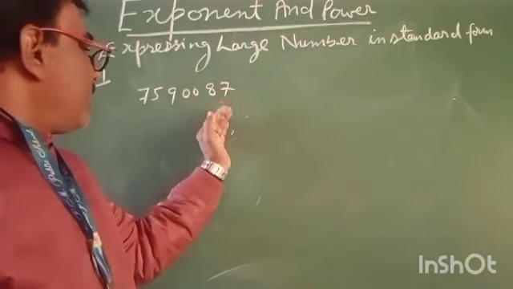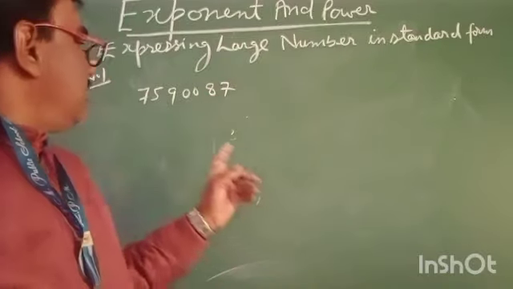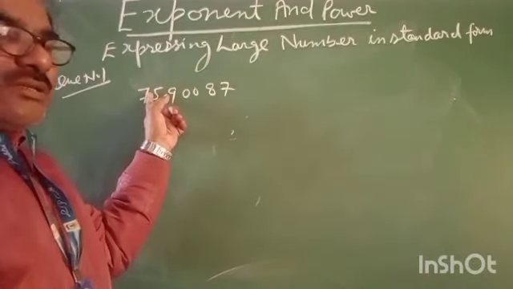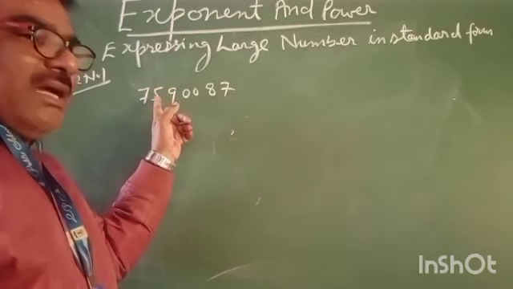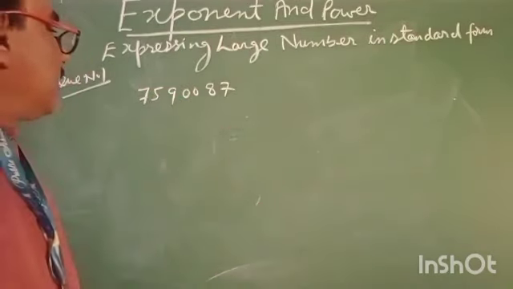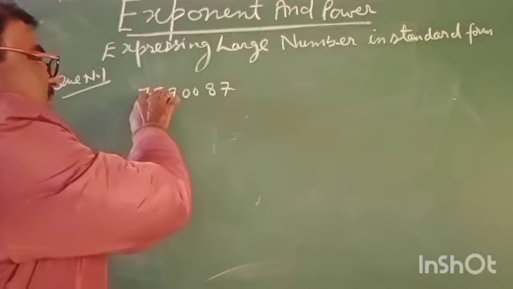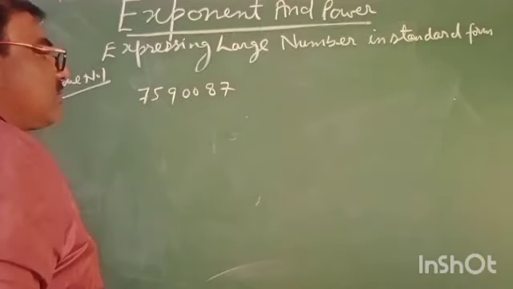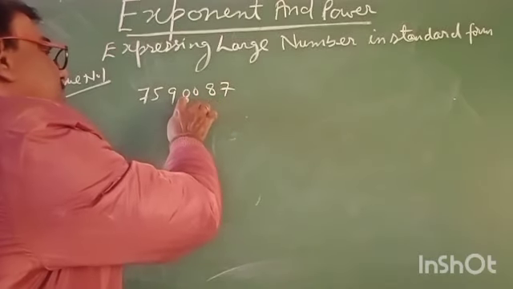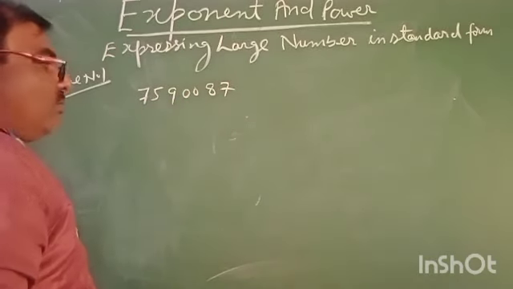So for this, I'll write the number in standard form. I'll put the decimal at this place, 7.590087, and when we write the decimal at this place, then the power of 10 will be 1, 2, 3, 4, 5, and 6.